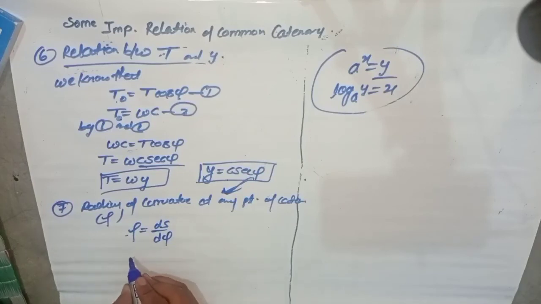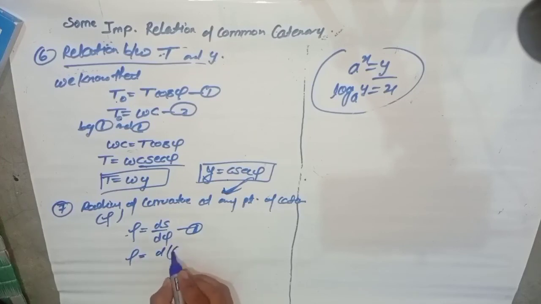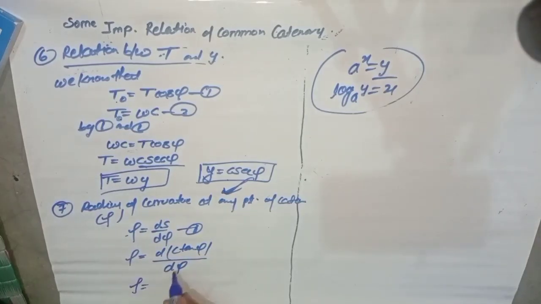Now we put the value of s from the intrinsic equation, s equal to c tan psi. Now rho equal to the differentiation of c tan psi with respect to psi; c is constant, so it is taken outside, and the differentiation of tan psi is sec square psi.